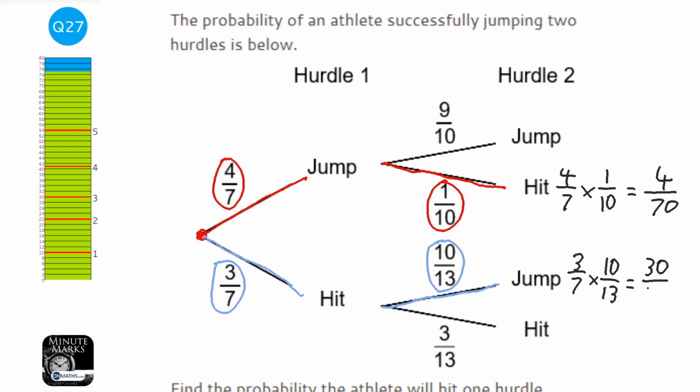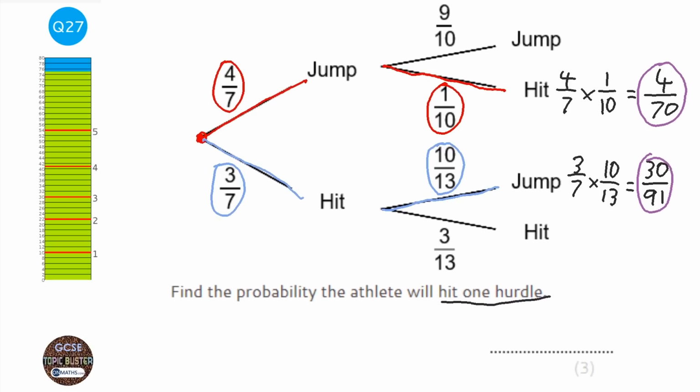Okay, now we're either going to end up here where he's hit the second one, or here where he's hit the first one. The word or in probability means add. So he's either going to hit the second one, or, which in probability is add, hit the first one.